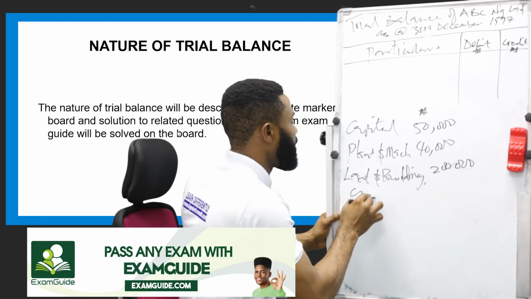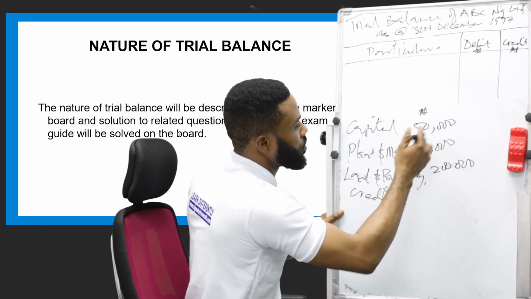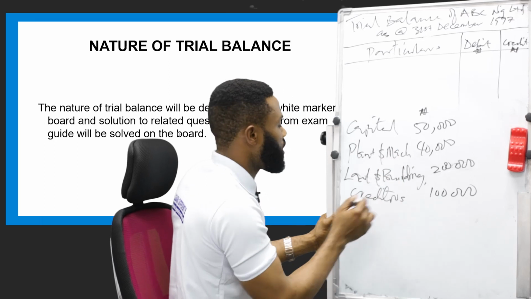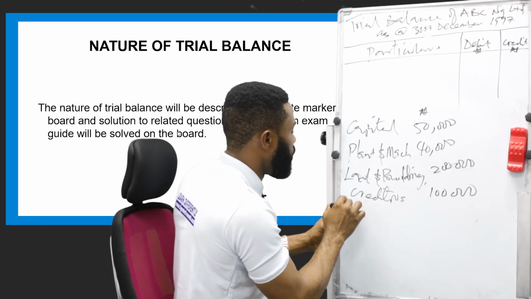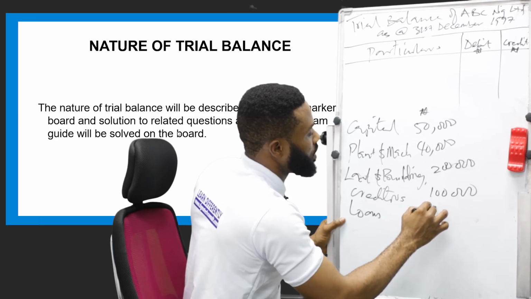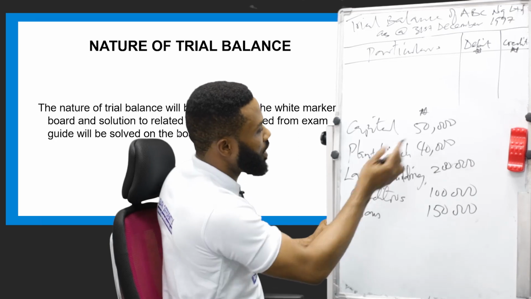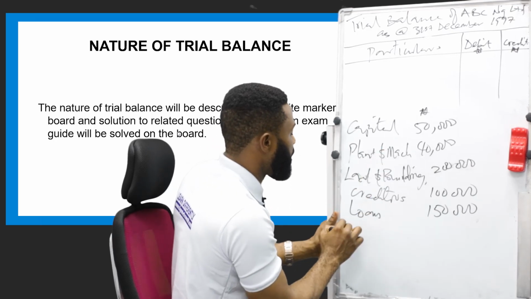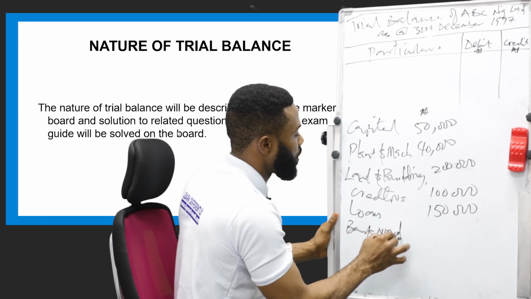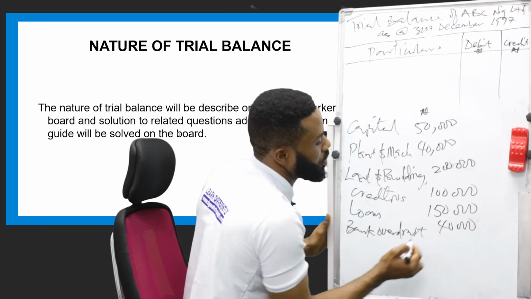Let's assume we have creditors, about 100,000. Let's assume we also have a loan, 150,000. And then let's assume we have bank overdraft, 40,000.